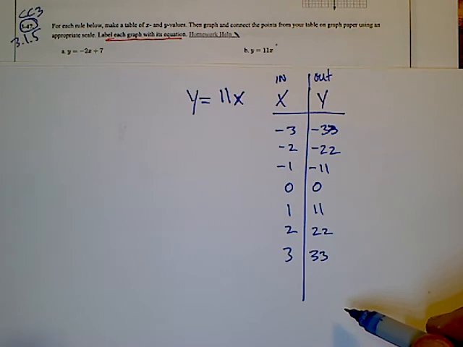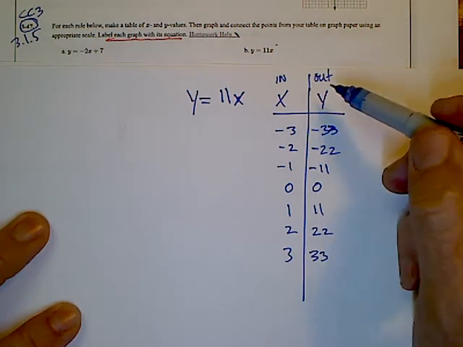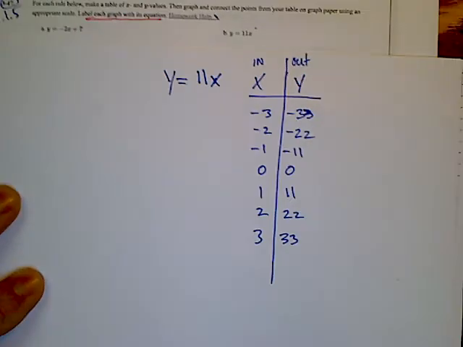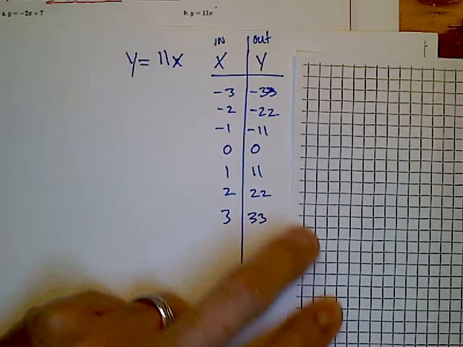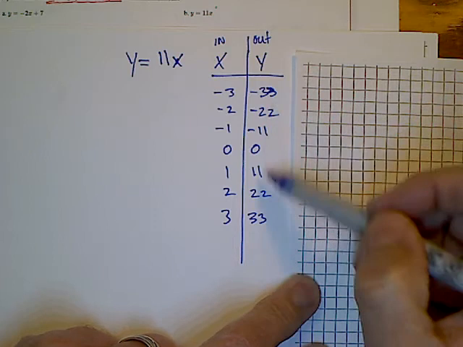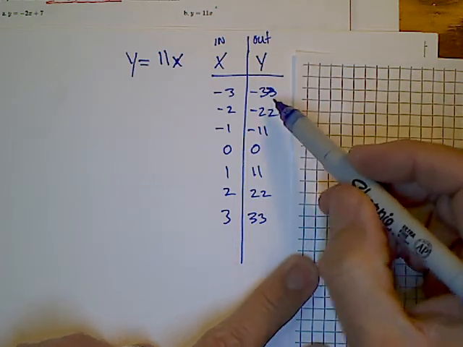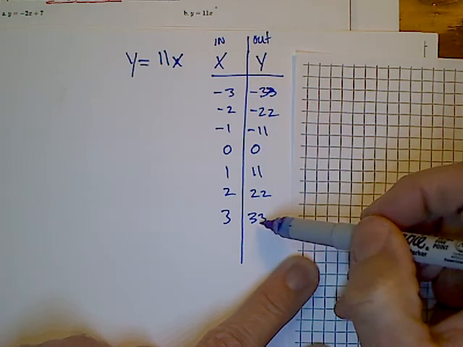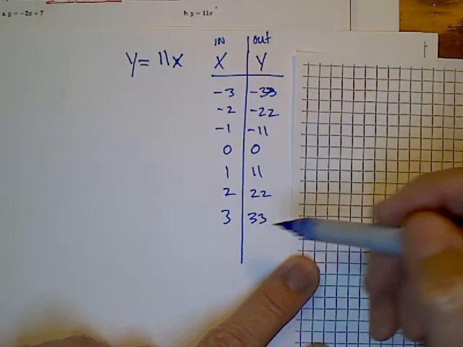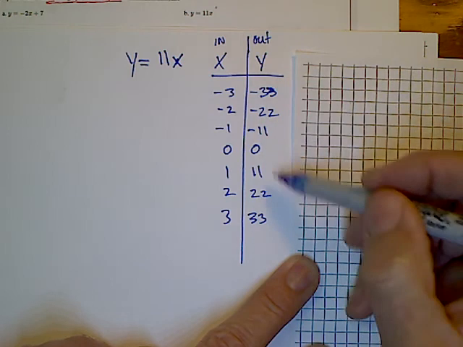And now comes the part of graphing it. This is where we have to get creative with our graph, because the values that I have here, my minimum value for my y is -33 and my maximum is +33. So I'm going to have to scale this in a way that can fit those.